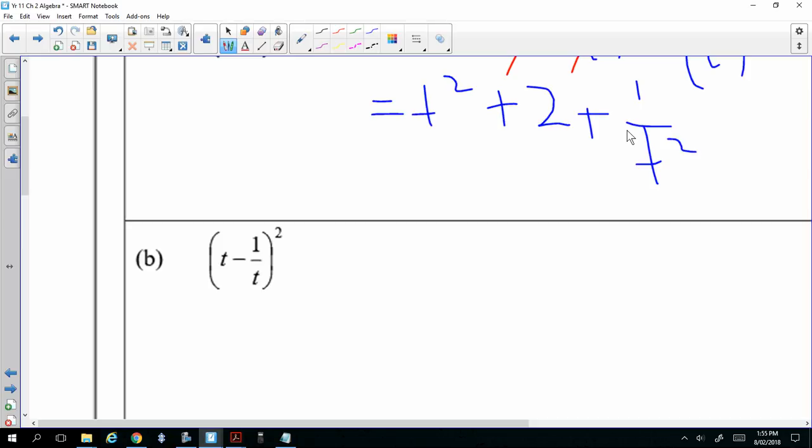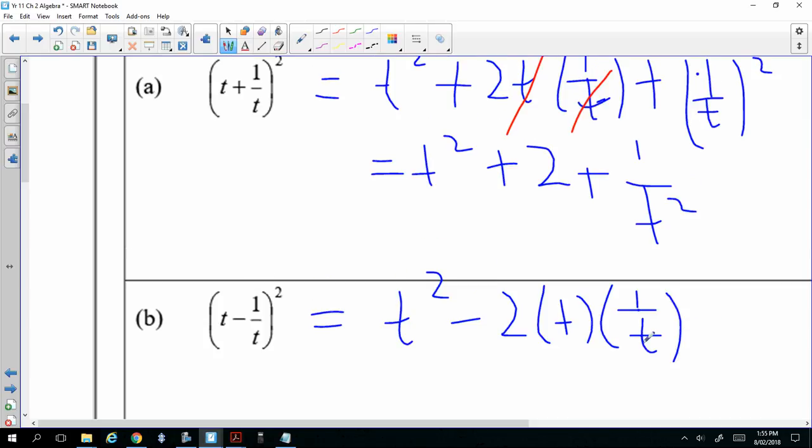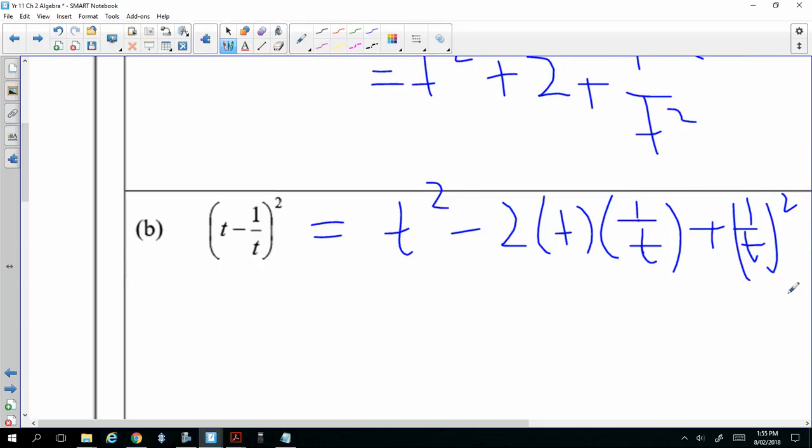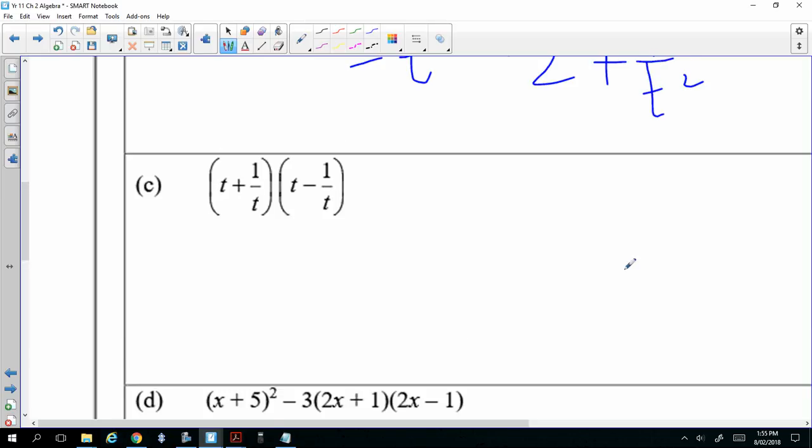It's exactly the same thing. You get t squared minus 2 times t times 1 on t, and then plus 1 on t squared. And then you end up getting t squared minus 2 plus 1 on t squared. Alright, that's a perfect square.